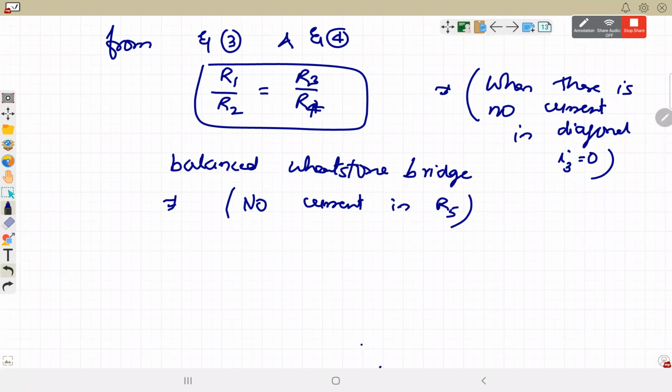For a Wheatstone bridge, the battery should always be in the other diagonal. In one diagonal there's a bridge, the battery should be on the other diagonal. Right?